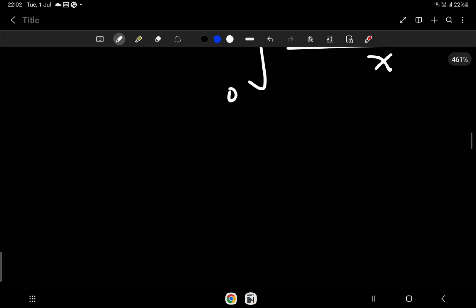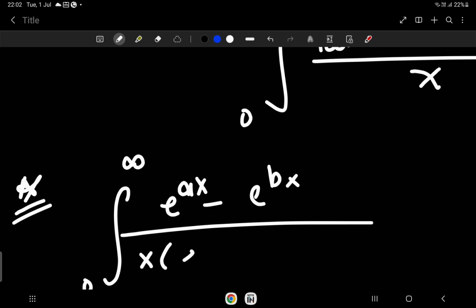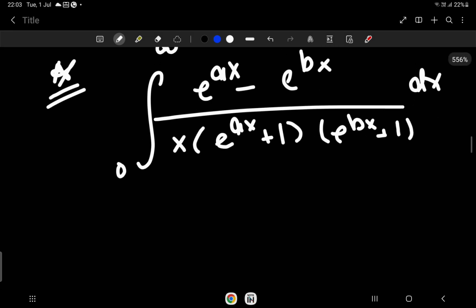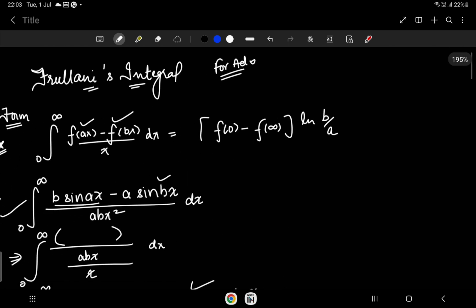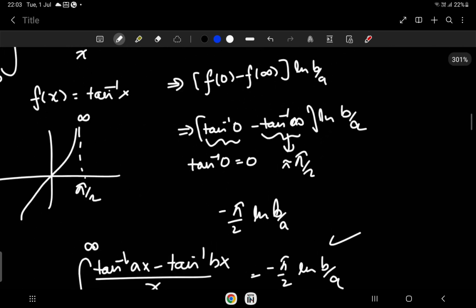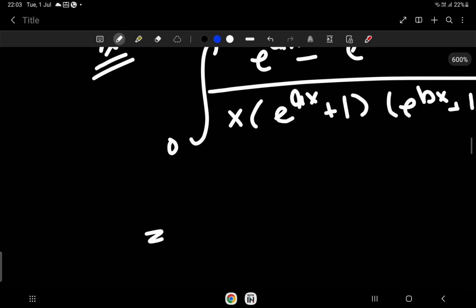Okay, now let's see one more. This is actually a good question. Well, not so good a question within our JEE syllabus, and that too for extreme rankers, under 100 rankers or 500 rankers, who are required to know this technique.